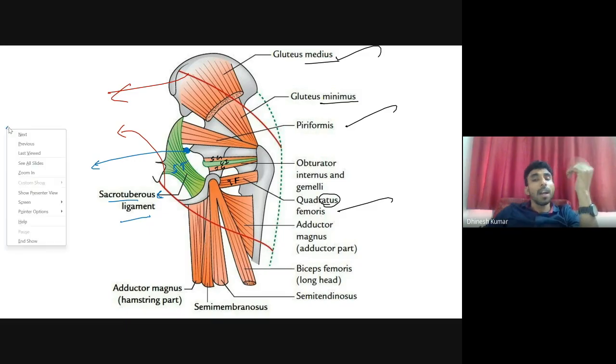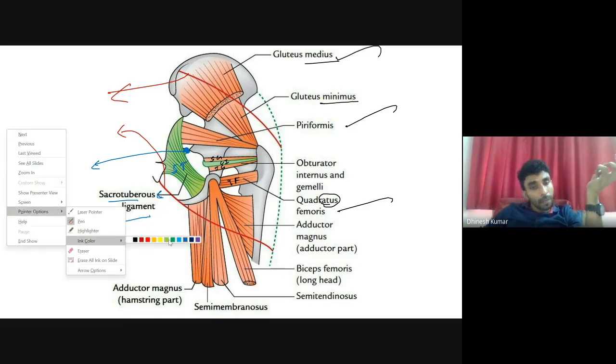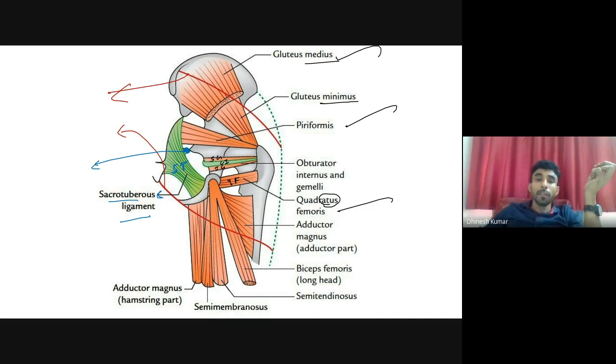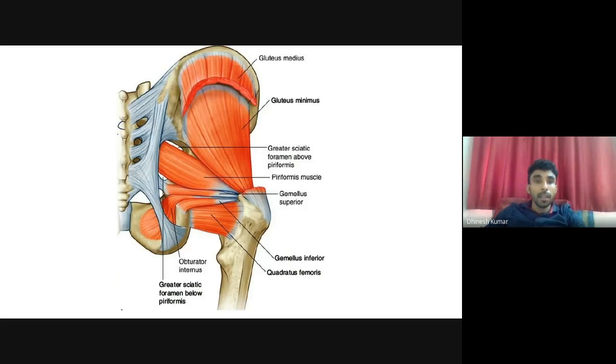And there are some bony landmarks under cover of gluteus maximus, like ischial tuberosity, greater trochanter of femur, then sacrum bone, and below the sacrum, the coccyx bone, and ilium bone. This is the ischial tuberosity. All these bony landmarks are under cover of gluteus maximus.